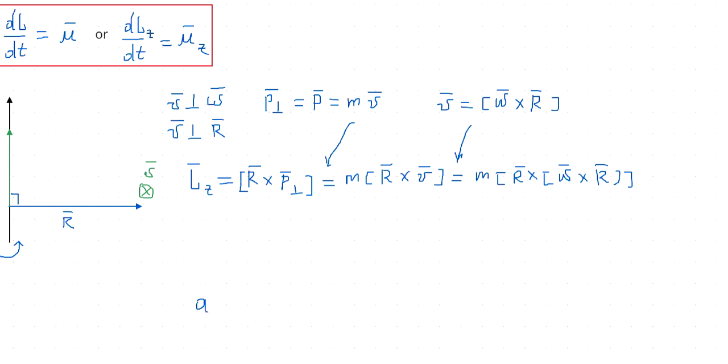According to this formula, A multiplied by B multiplied by C is equal to B times the dot product of A and C, minus C times the dot product of A and B.